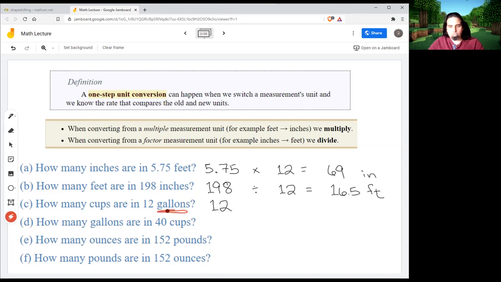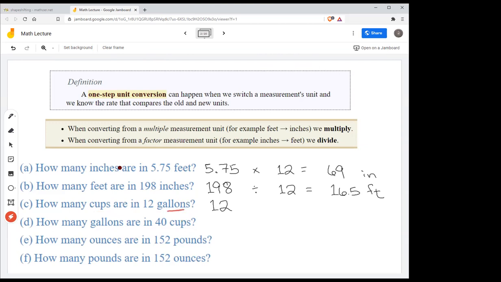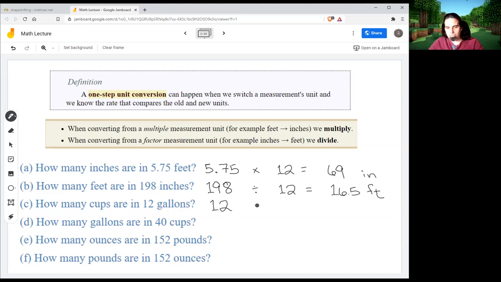How many cups are in 12 gallons? So are gallons a multiple of cups or are gallons a factor of cups? Multiples. Multiple, they're the big thing that the cups are made out of. And how many cups were in a gallon?